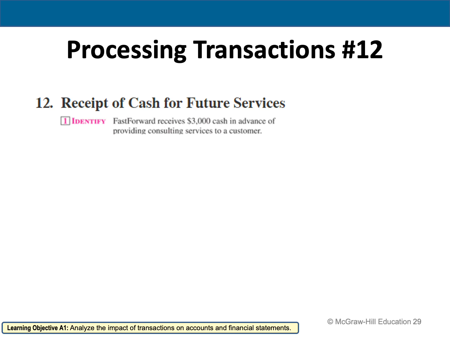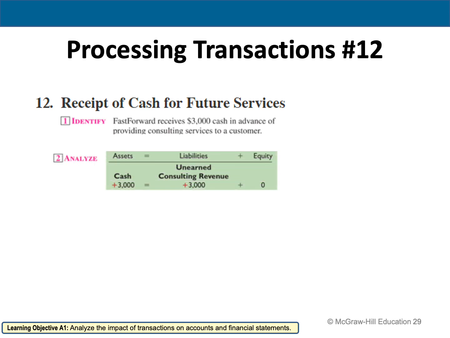But should I record the other account as a revenue? Not at all. Why not revenue? Because if I want to record revenue, I have to complete the service first, then I have to record it. But here I received the cash before completing the service. So my cash is going to increase and my unearned revenue is going to increase.